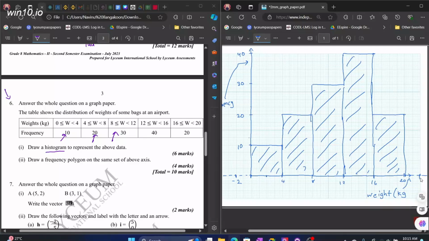And this will be similar to 22. Now when you draw the histogram, it is important to get the midpoint of the columns.